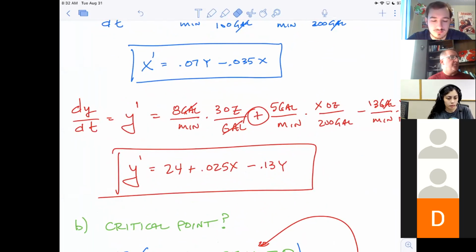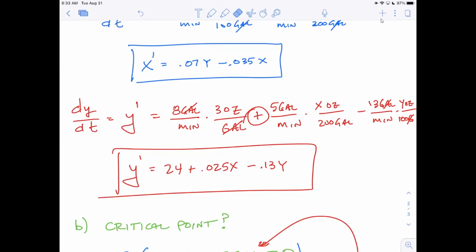So I'm pulling up, I'll share a screen with you in just a second, the phase plane plotter that I found yesterday. Stop sharing, start sharing.